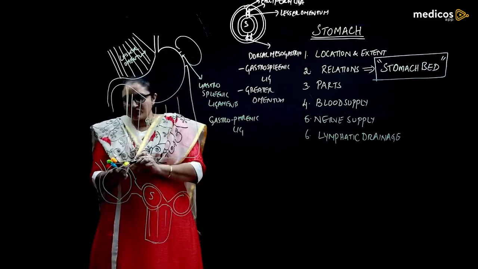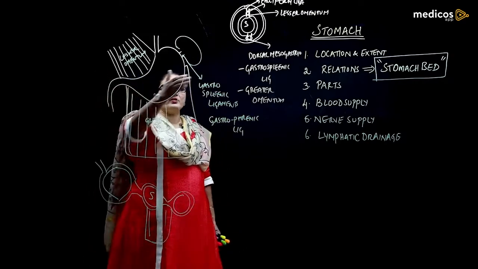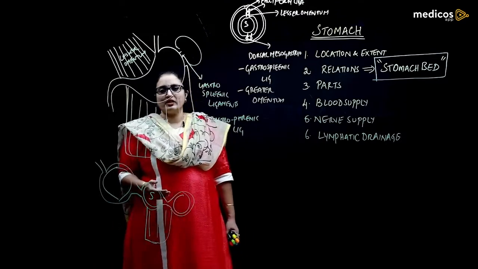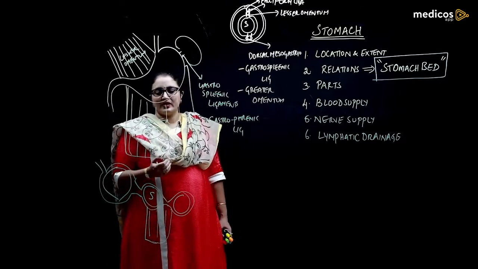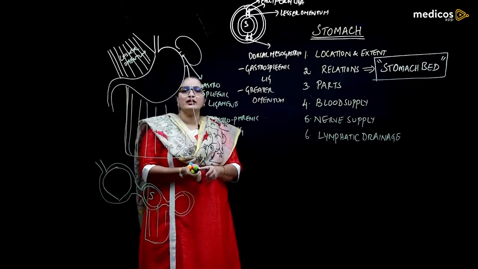So, what are all the ligaments attached to the stomach? You need to mention the lesser omentum, the greater omentum, the gastrosplenic ligament between the stomach and the spleen, and the gastrophrenic ligament. Phrenic, please remember, always means diaphragm. Understanding this, let us now understand the blood supply.